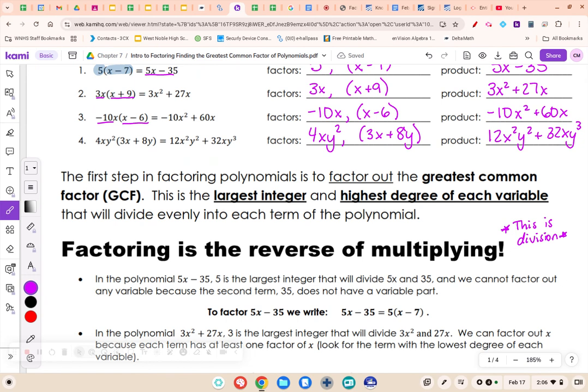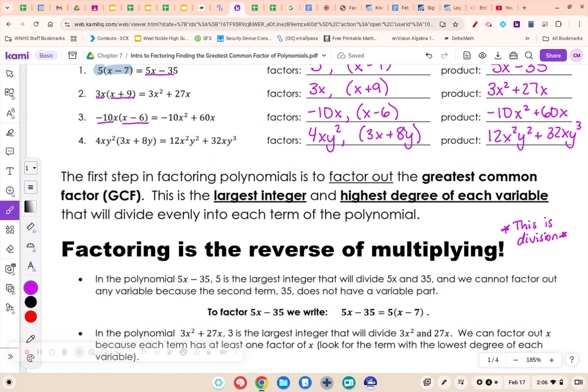So in the polynomial 5x minus 35, 5 is the largest integer that will divide 5x and 35. And we cannot factor out any variable because of the second term, 35. It does not have a variable part. So to factor 5x minus 35, we write it as 5 times x minus 7.